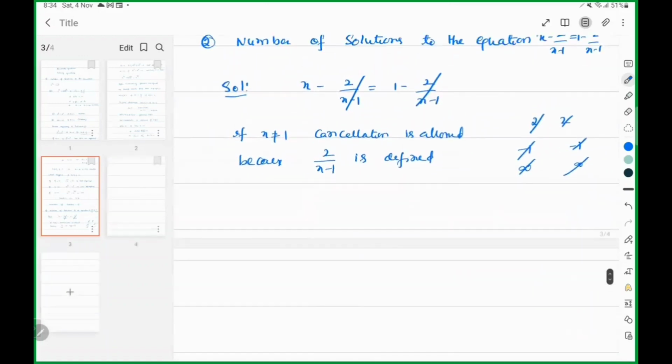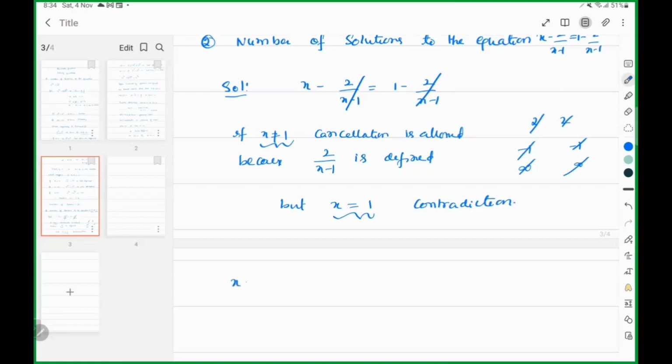But unfortunately, after cancelling, we get x equal to 1. We assumed x not equal to 1, which is a contradiction. Right?